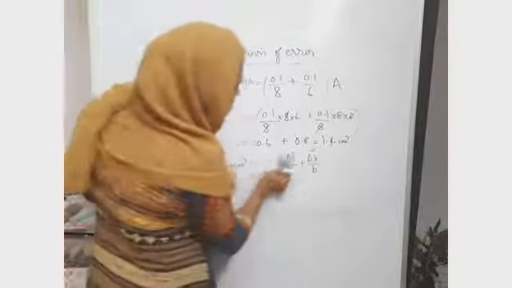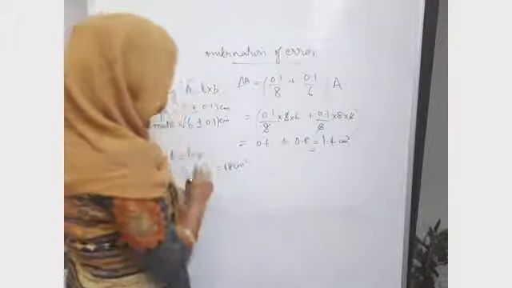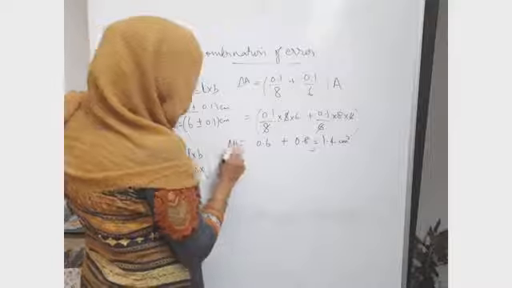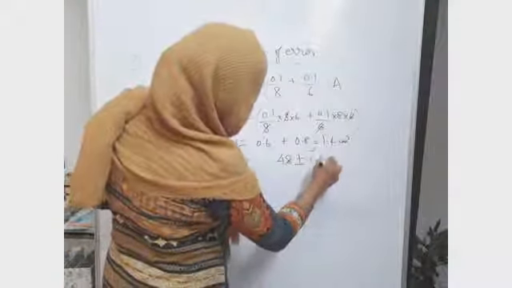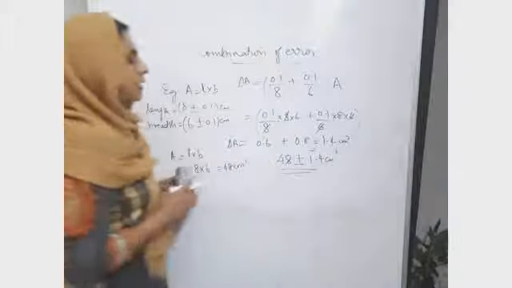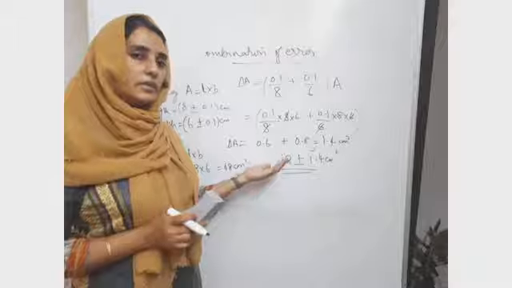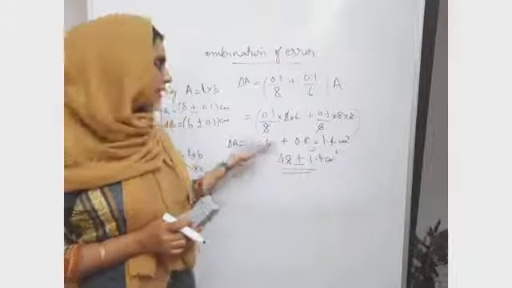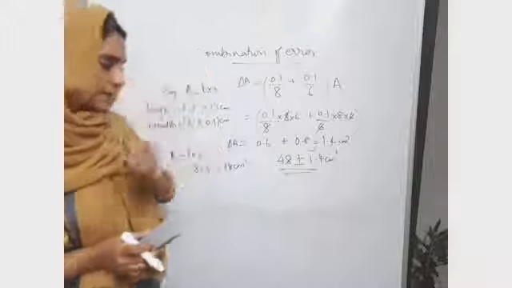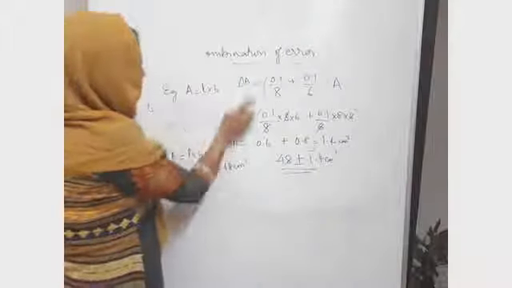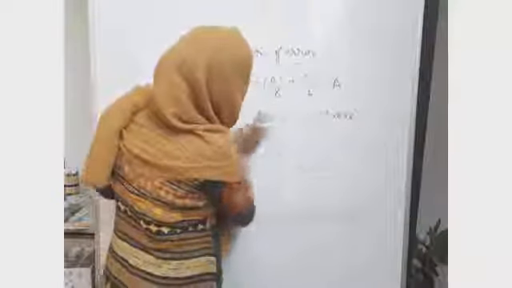So the final answer will be A plus or minus delta A. This is delta A. What is A? 48 plus or minus 1.4 centimeter square is the way of expressing the area of this particular thing in terms of its error. So even if it appears as division or multiplication, the rule is the same.